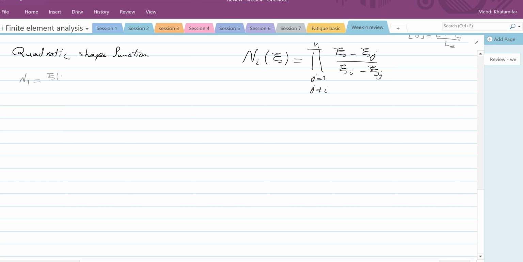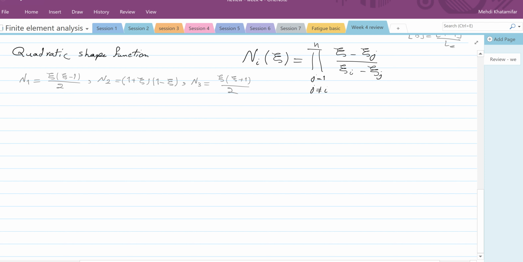Psi times psi minus 1 divided by 2 for N1. N2 was 1 plus psi times 1 minus psi, and N3 is psi times psi plus 1 divided by 2. And as you can see, the quadratic shape function has 3 points.